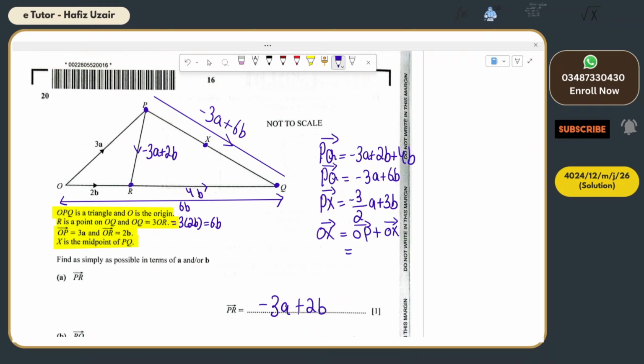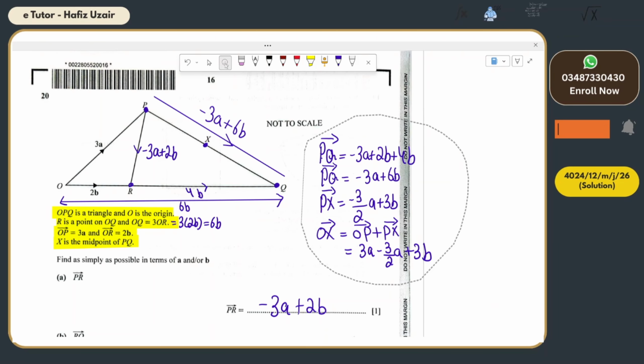The value of OP is 3a, and we have a minus sign with PX, so let's write 3a minus 3 by 2 a plus 3b. Let's paste this working over here.